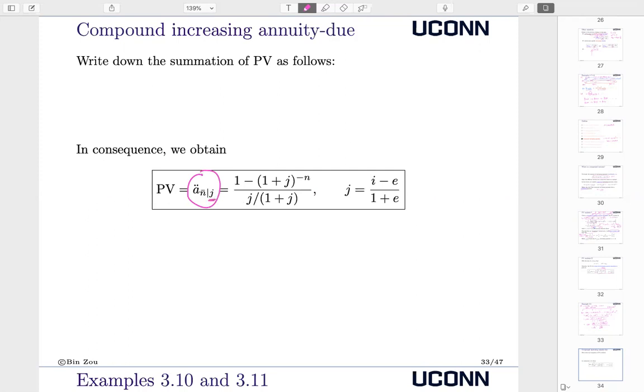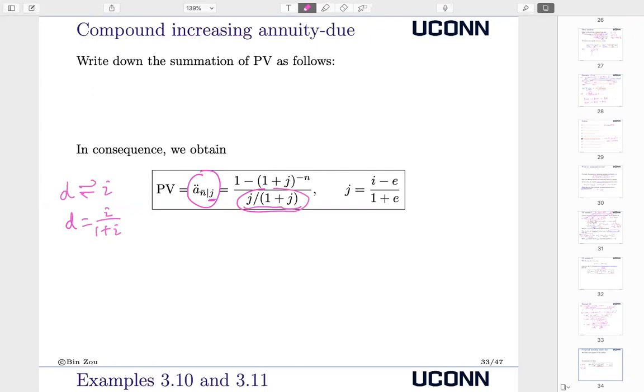That's the reason I don't use D, because in our notation, D is defined for I, and we know D is I divided by 1 plus I. If you look at this formula, it's J divided by 1 plus J. So it's the corresponding D for the interest rate J. But we don't want to use the same D for a different interest rate. That is why I keep this as J divided by 1 plus J.